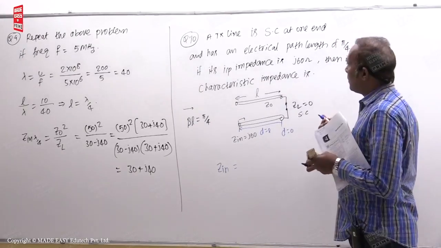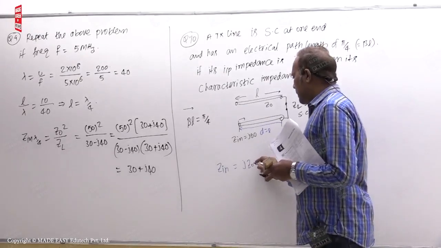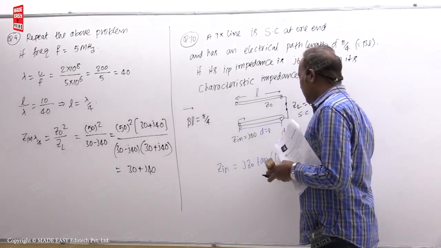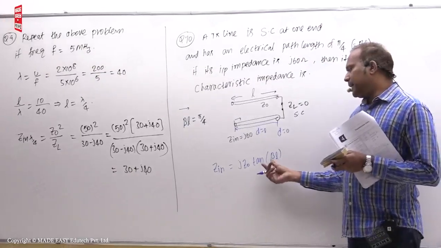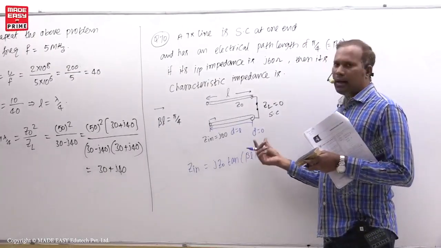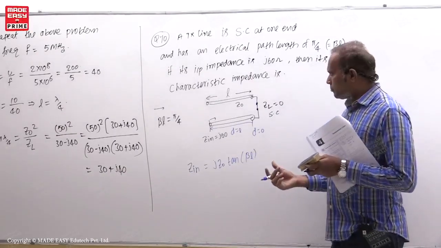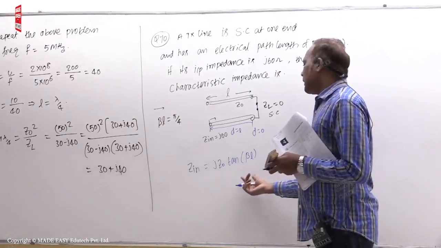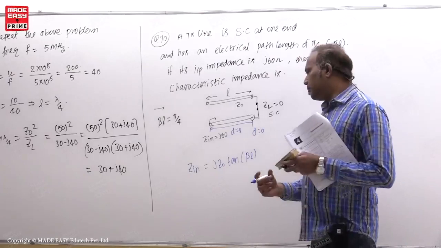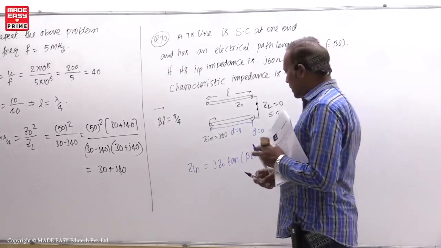Already you know that it is jZ0 tanh(γL), but this one is lossless, so we take jZ0 tan βL. So this is the formula of input impedance.